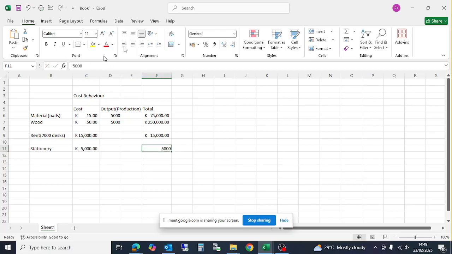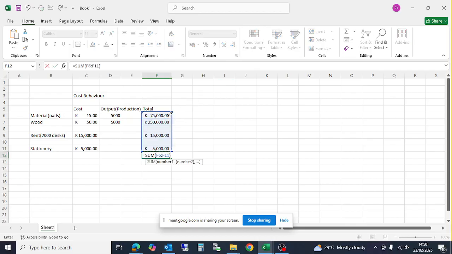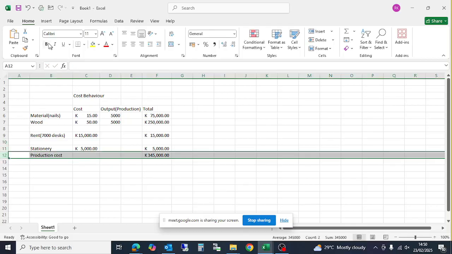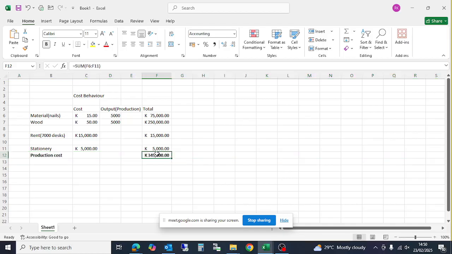So if we produce 5,000 units of desks, our total production cost will be 345,000.